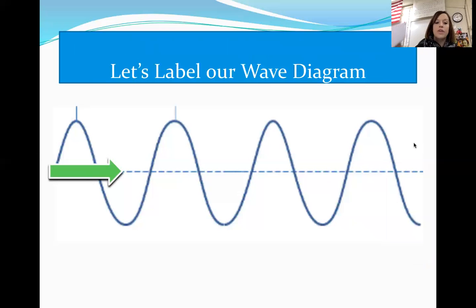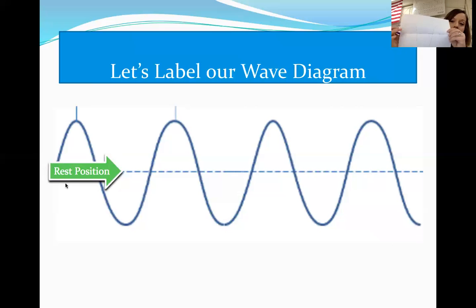Okay, the first thing, if you just saw the green arrow show up on my screen, that middle line is what we use to compare the height of a wave to, and we call that rest position. So on my green arrow, it just showed up rest position. On your diagram, you can include the arrow if you want, but along that dotted line, go ahead and write rest position.